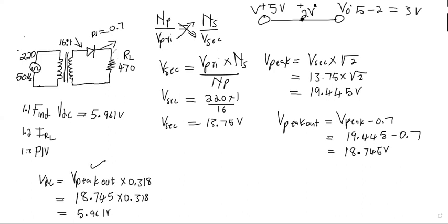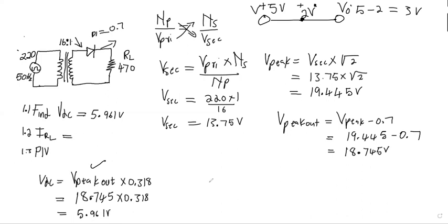It's not going to use V peak out or V peak. That's why we are converting the V peak, which is in AC, to DC. Now in DC, it's 5.961 volts.